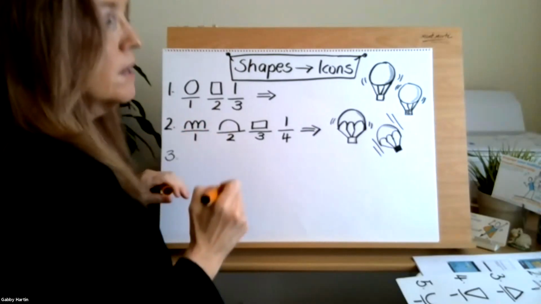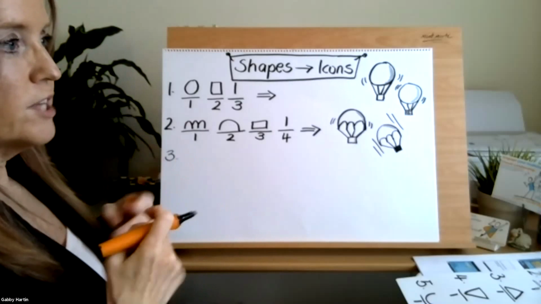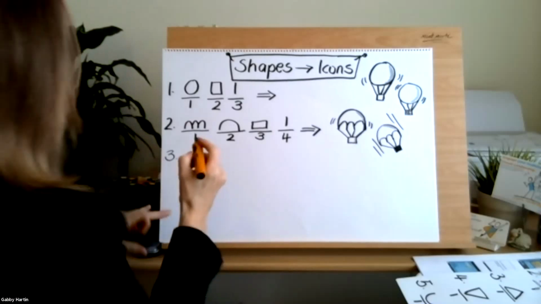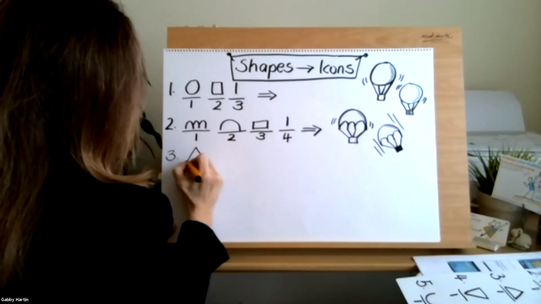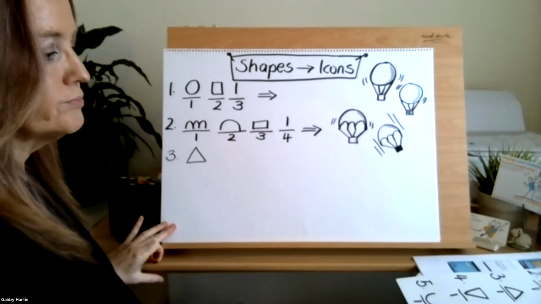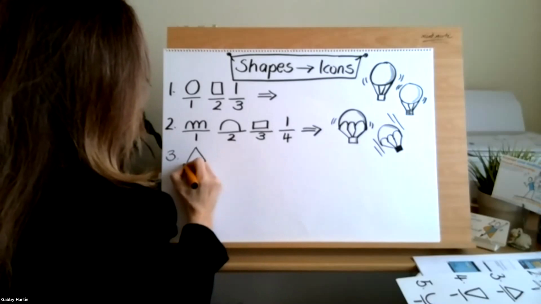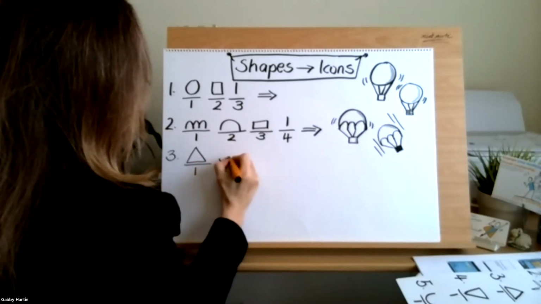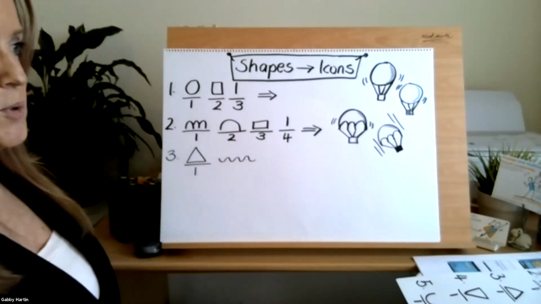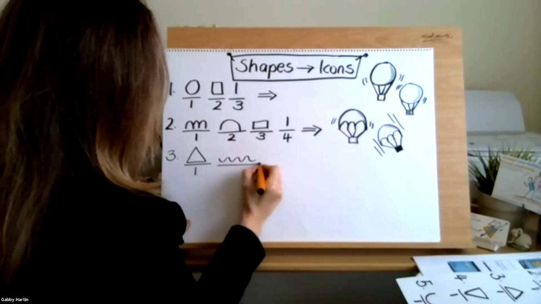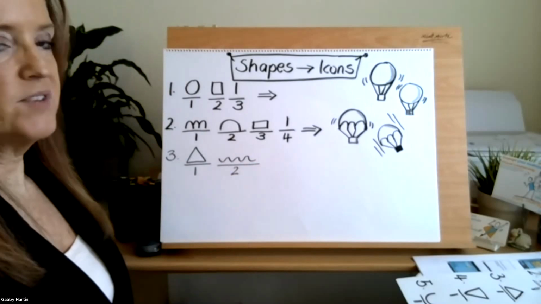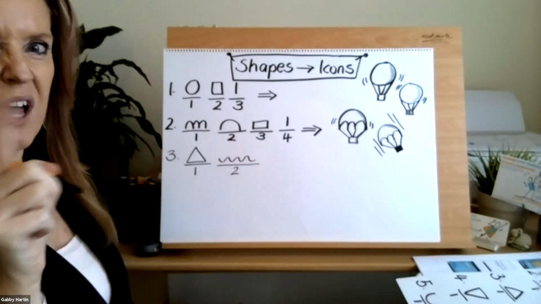All right, let's get back to that food I was talking about. Let's start with a triangle. Oh, that'll be first. That one's a squiggly line. Might have a name for that. Maybe it's waves.